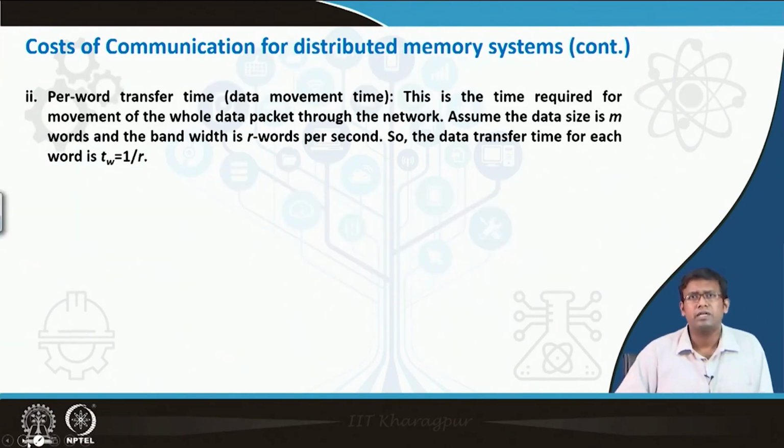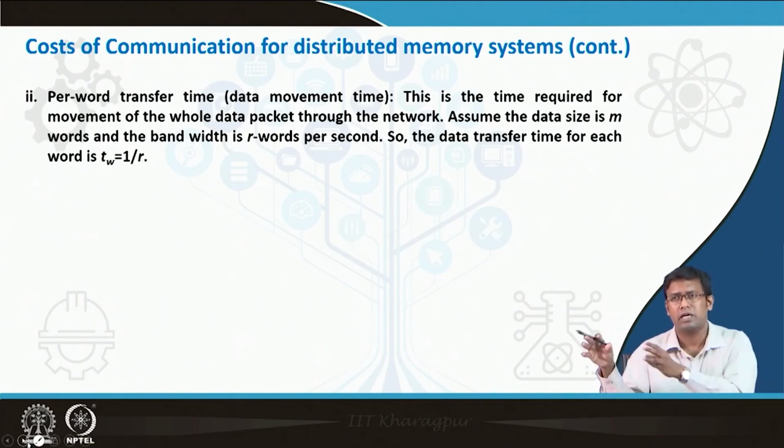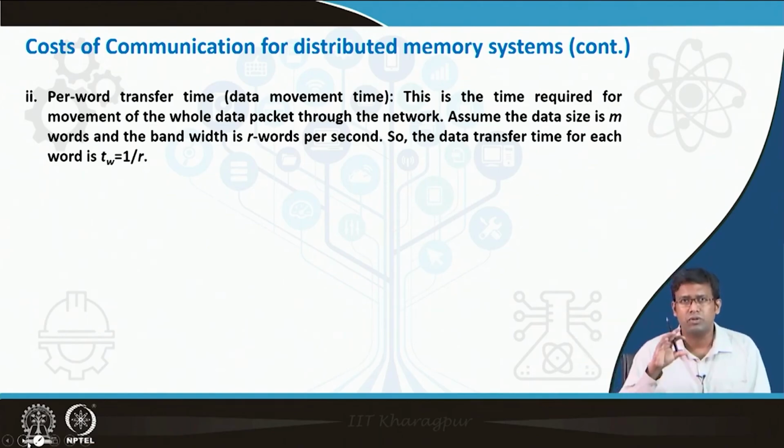per word transfer time, the time required for movement of the whole data packet through the network. If there is some data, some electric pulses, they will go through a certain path and reach another location. Depending on the amount of data or the bandwidth, how much data we are sending, there is time spent on sending the data.